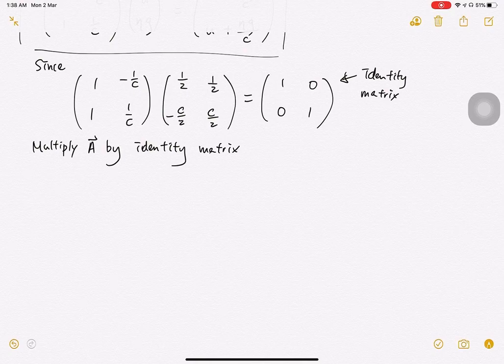Okay, if you multiply the identity matrix to a matrix, then it will equal to itself. Okay, you are just changing the appearance of that matrix.